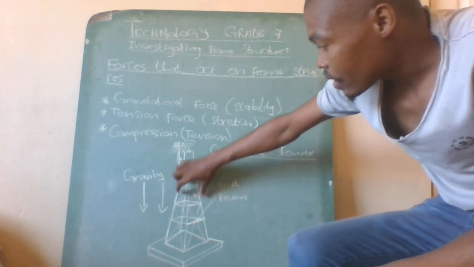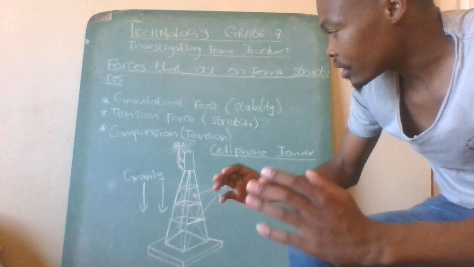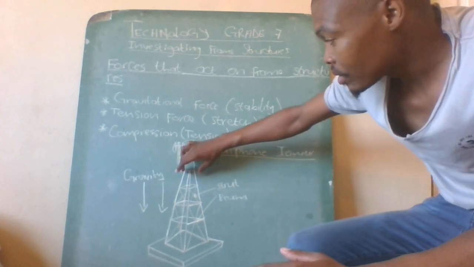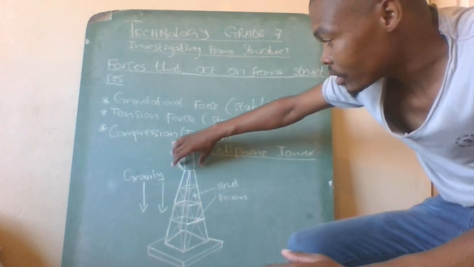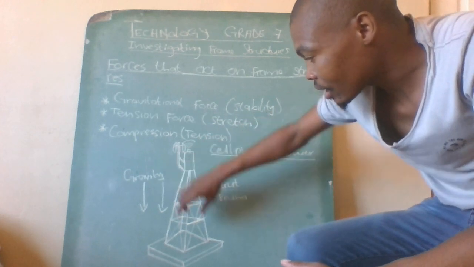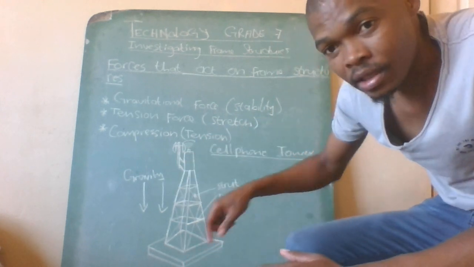And this reduction of the shape of the structure helps to reduce the mass of the structure, which is exerted by this structure to the base of the structure.